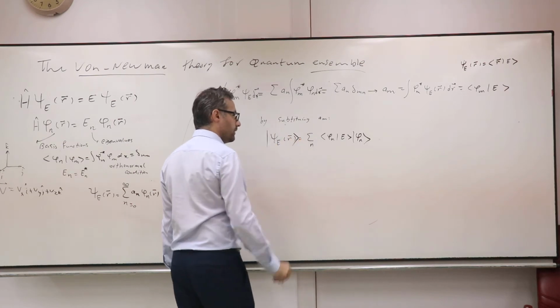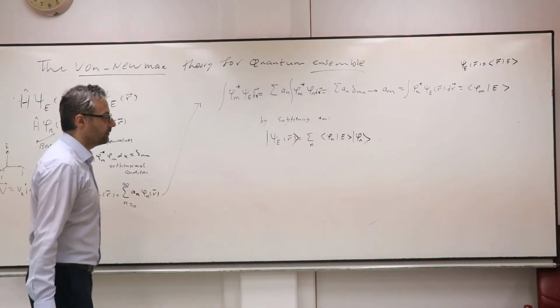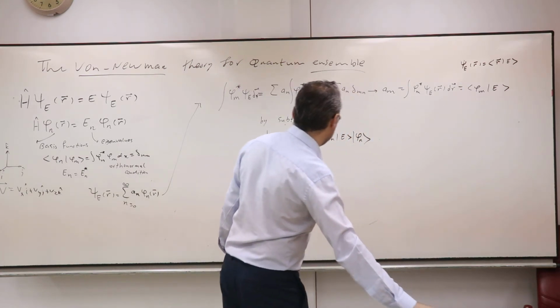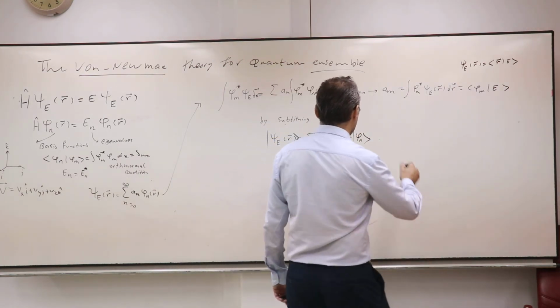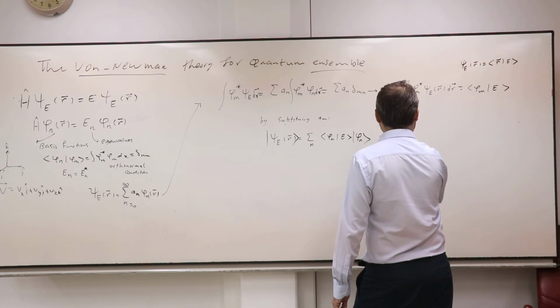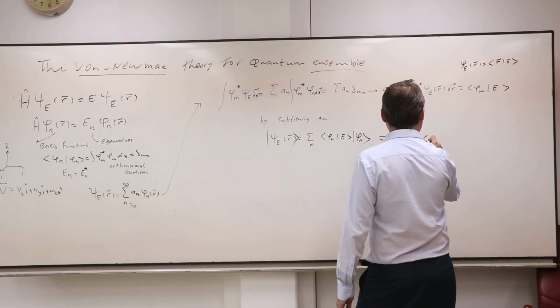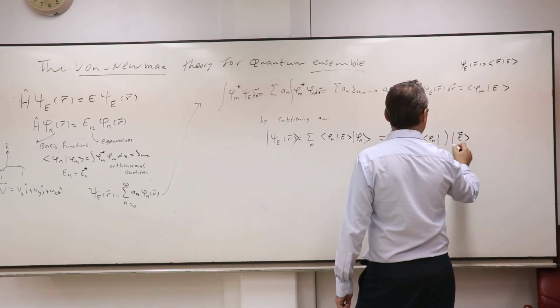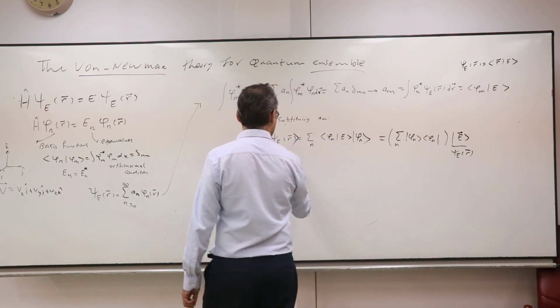I can write them like a vector to be more precise, and that I can write as the sum over n of phi n over the state E, or over the psi E of r. Anyway, don't be so confused.